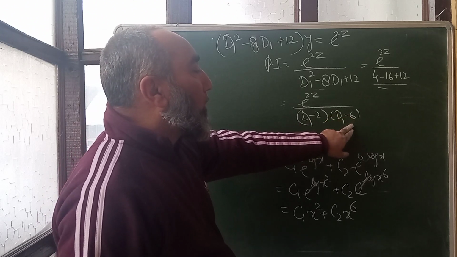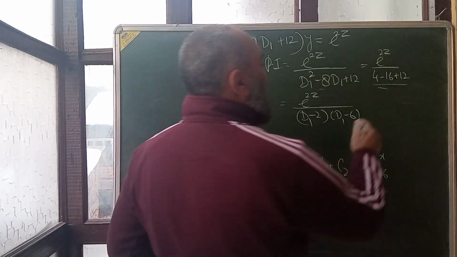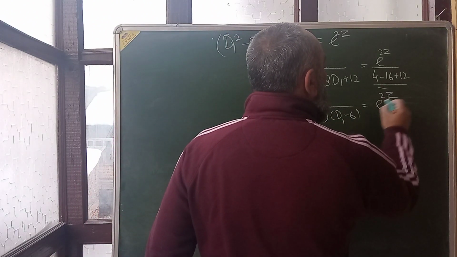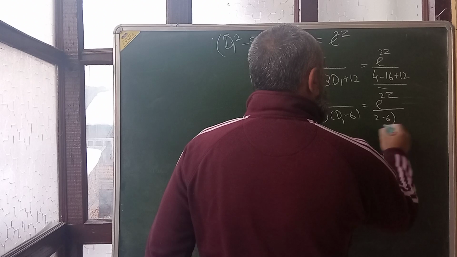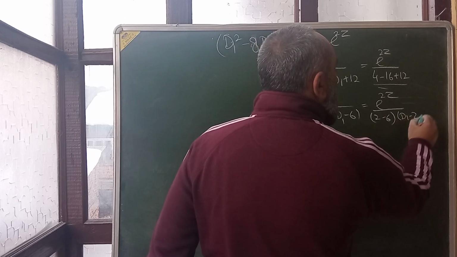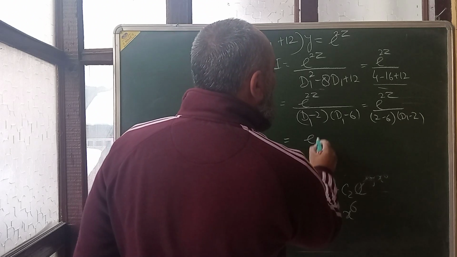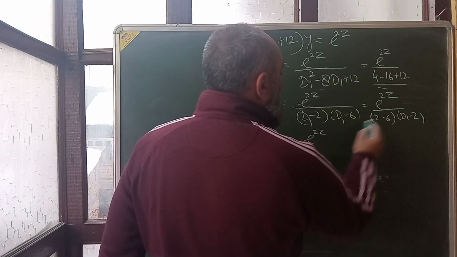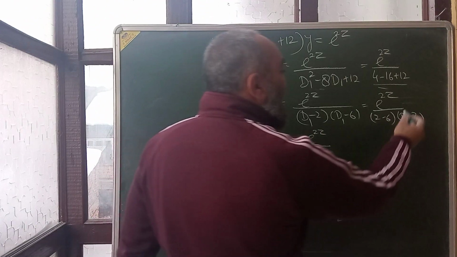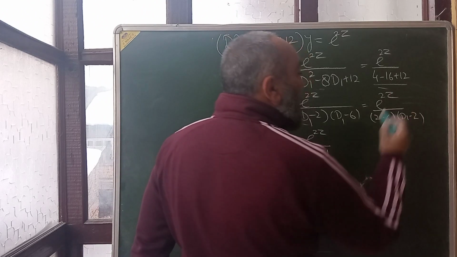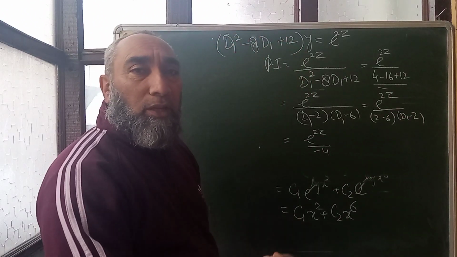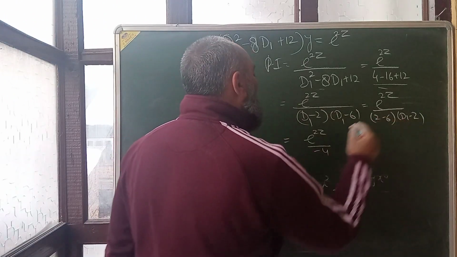So you have to substitute over here, not over here. So this is e to the power 2z, 2 minus 6, D1 minus 2. So my particular integral is e to the power 2z, this is minus 4, upon D1 minus 2. You have to replace D1 by 2. This is a case of failure, so you have to multiply by x.